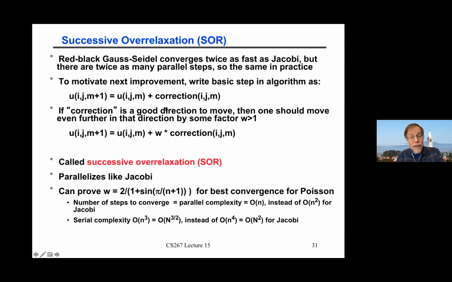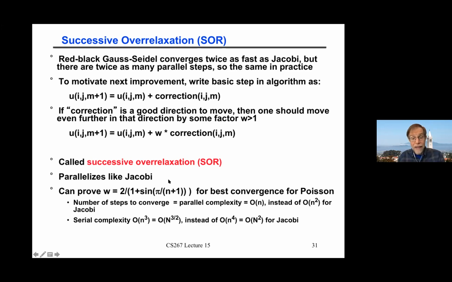The intuition is that if this is a good correction, if I'm moving in the direction of the solution by adding this correction, let me just move farther in the same direction by adding some constant multiple w to that. This is called successive over-relaxation. Over-relaxing, because w is bigger than 1. And it parallelizes exactly the same way as Jacobi or Gauss-Seidel.